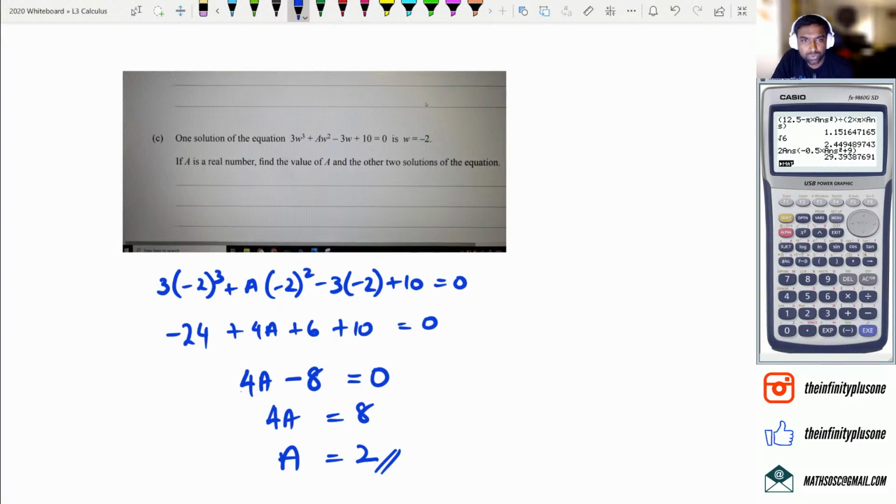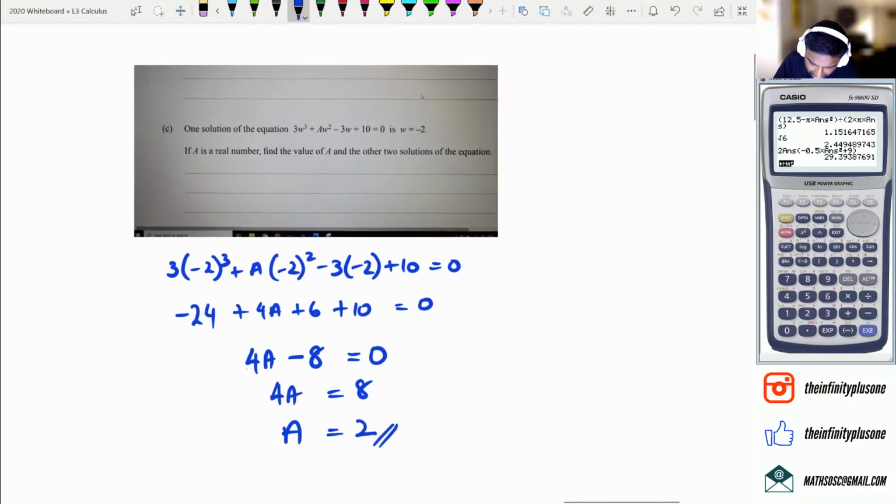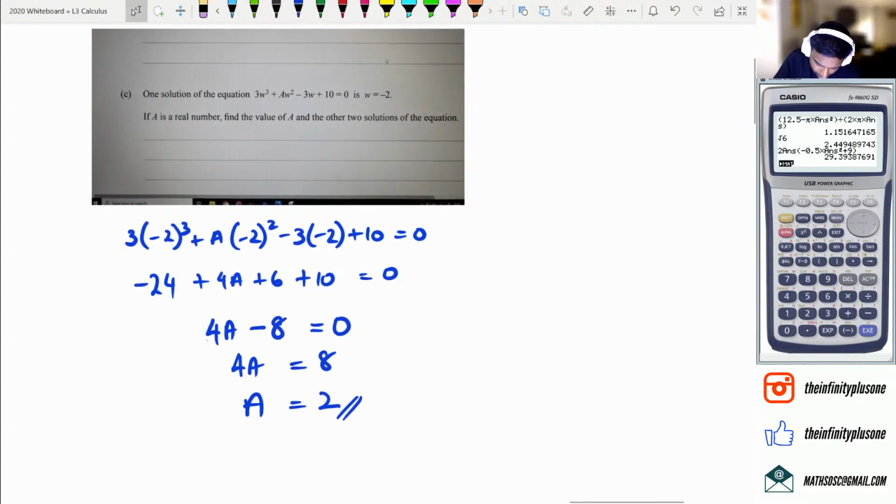Yeah, so basically this question here, I'm not sure where it came from. I'm trying to think. But look, here's a little cheeky trick you can do. This question is 3w cubed plus 2w squared minus 3w plus 10.